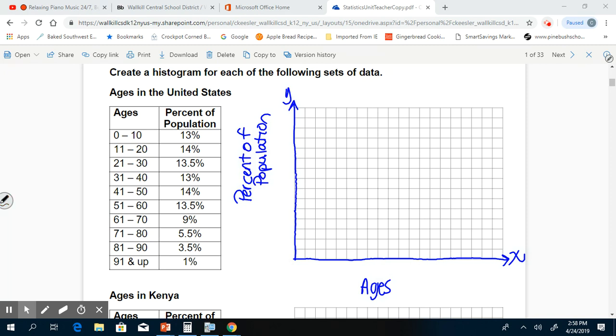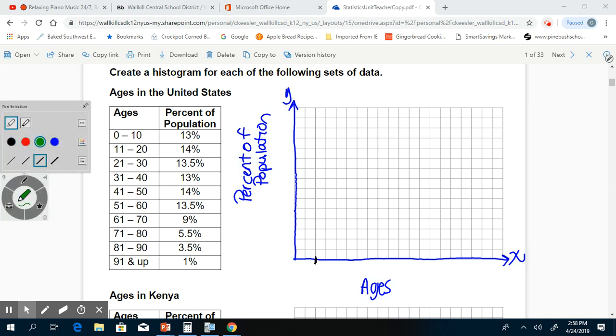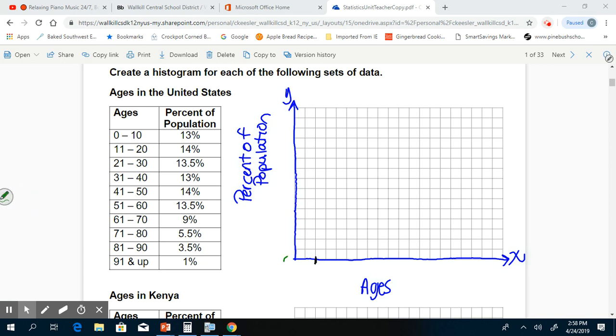So I'm going to split it up so that from 0 to here represents 0 to 10. Then the next two boxes are 11 to 20.